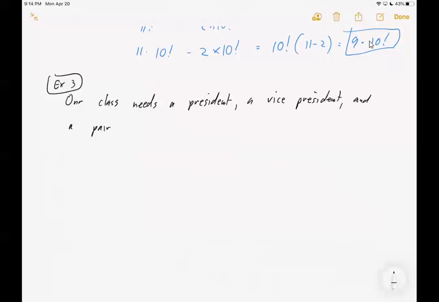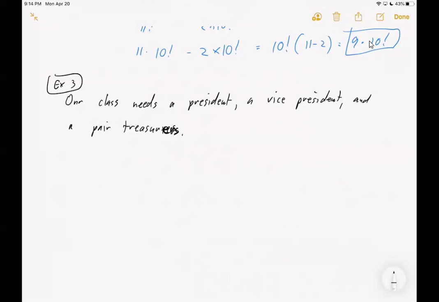It's always good to have 2 people looking after the money, 2 independent people so that one can't embezzle the funds that we create. Treasurers. And so we want to figure out how many ways we could do that.